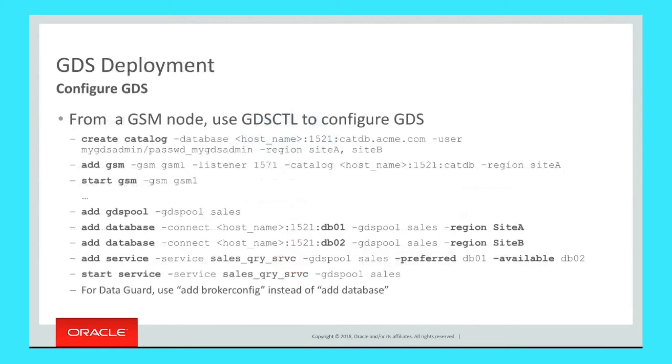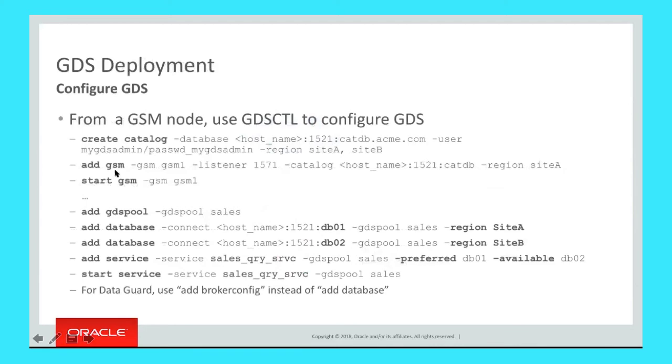Now, in terms of deployment, it's very simple to deploy. I'm showcasing, in this example, how to configure the GDS infrastructure, right? There are about half a dozen steps. There's a command called create catalog that you would execute in an interface called GDSCTL. You would specify on what database you want to create this GDS catalog and what are the regions that you have for your application.